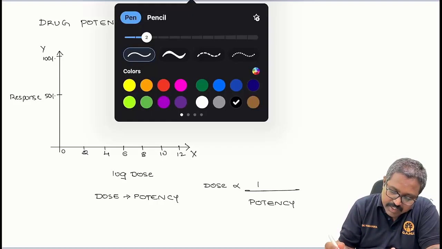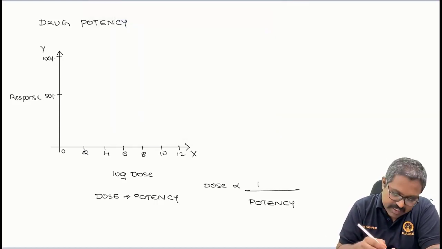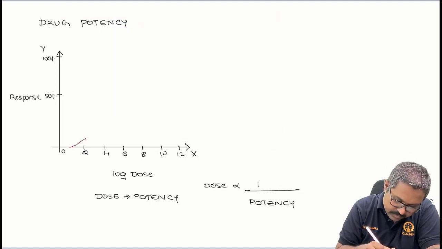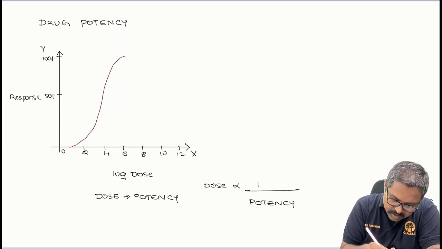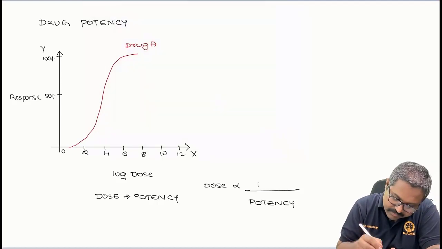So let us draw a DRC for a drug A that will be administered. So this is your drug A. And let us draw a graph of drug B also.